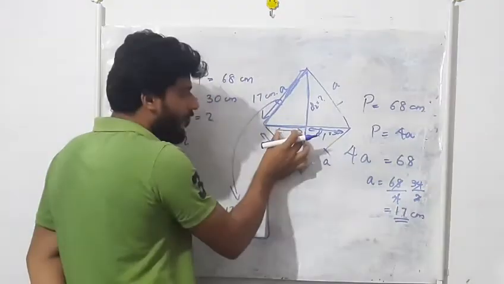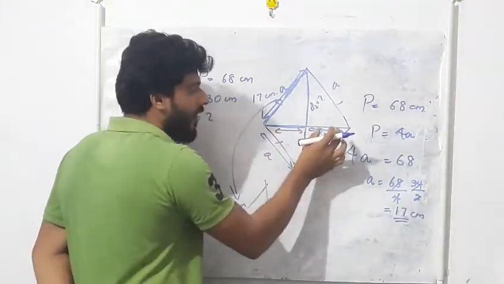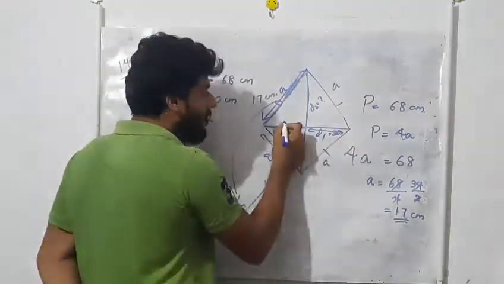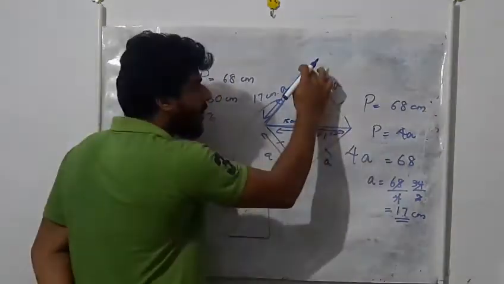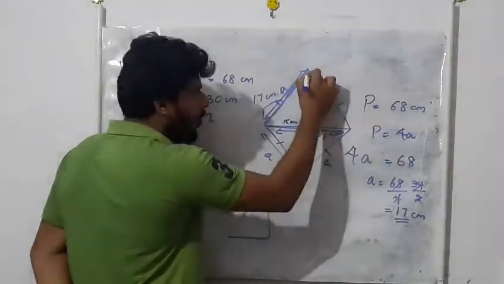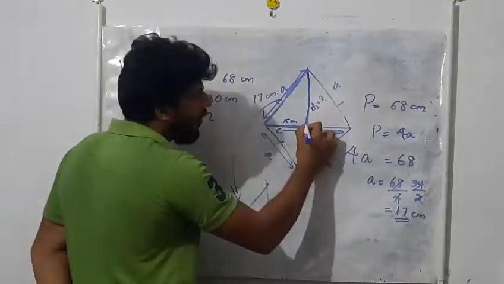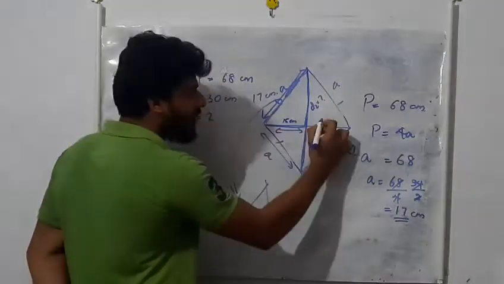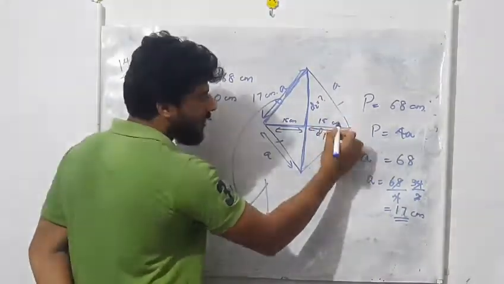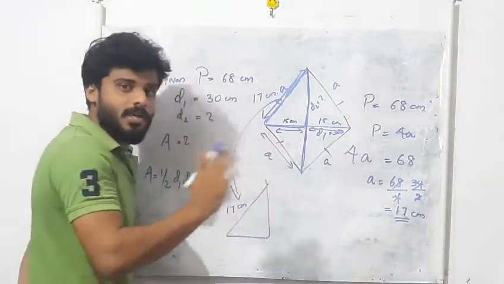So half of this diagonal will be exactly 15 centimeter, because our D1 is intersected by another diagonal D2. So when it cuts D1, it cuts D1 into half. So here 15 centimeter and here also 15 centimeter, which gives a total of 30 centimeter.